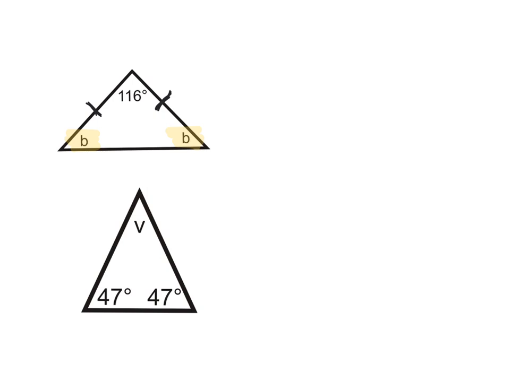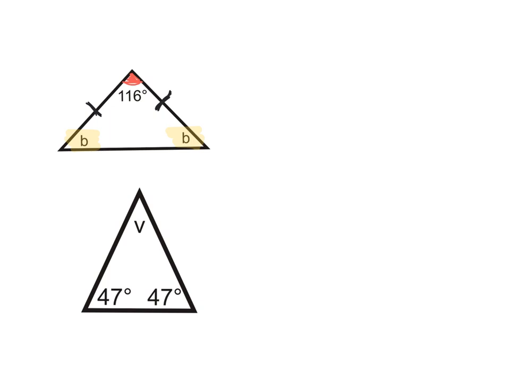Okay, so that tells me I've got two angles at the bottom that are the same, and the 116 is going to be that area where, remember I said those two congruent sides are going to meet at an angle. And then that means that the other two angles are equal, so those two sides are congruent.